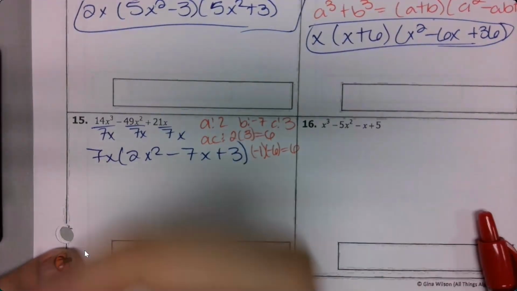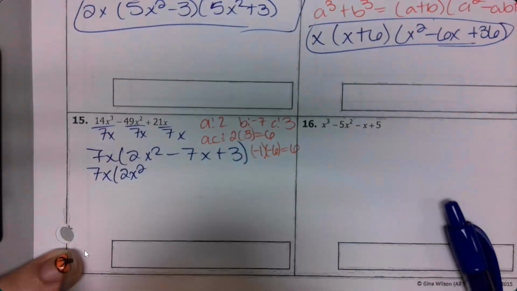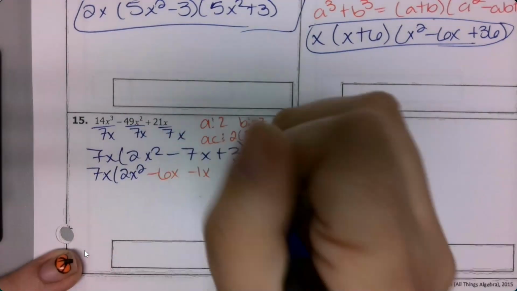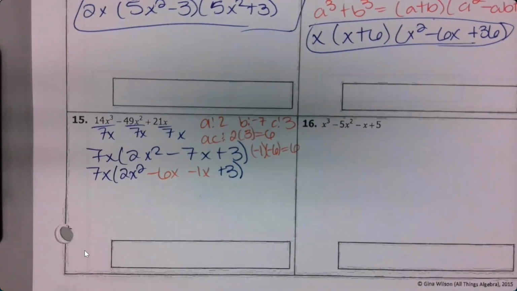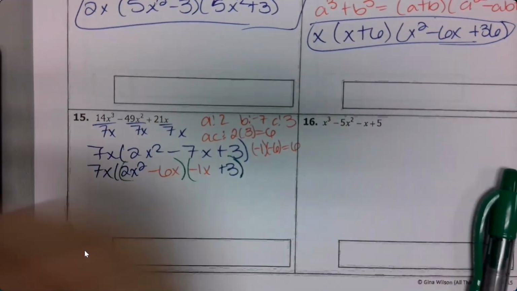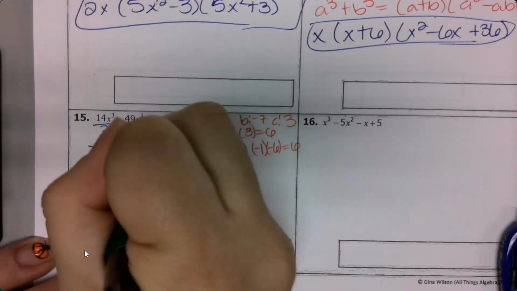So I'm going to split my middle up. Instead of -7, I'm going to have -6x minus 1x, because that still adds up to -7. And then I'm going to split this into two groups. So I still have my 7x out front. My first group I can take out a 2x.